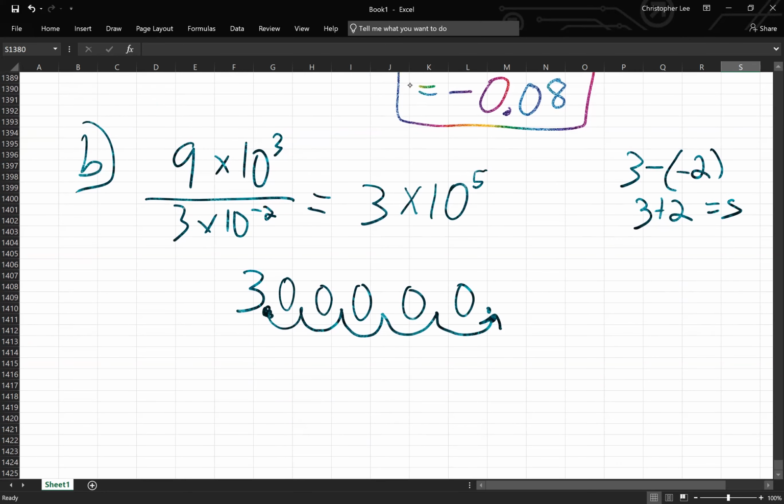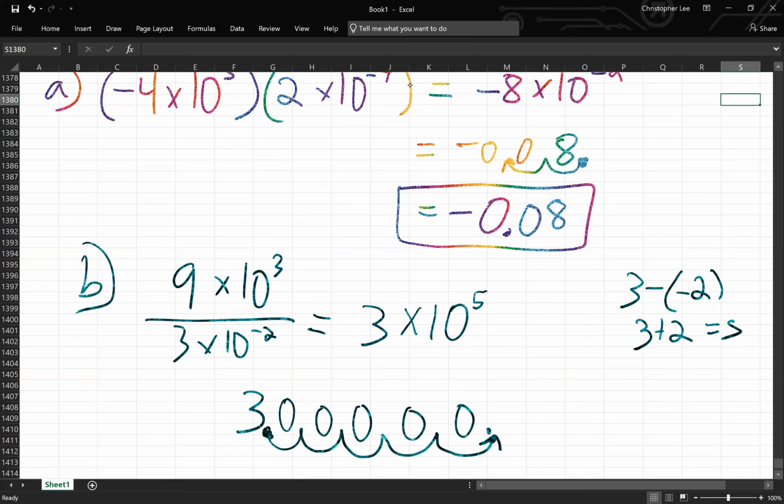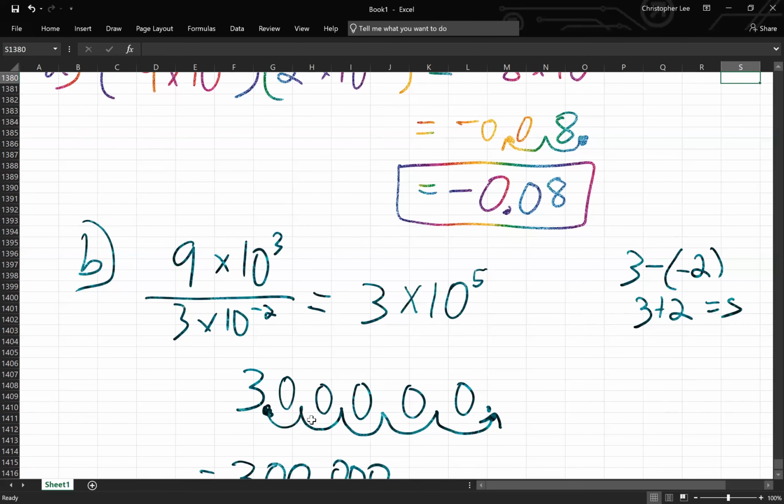So what is this? This is 300,000. Awesome, awesome, awesome. This makes sense, how to multiply and divide them? Let me let y'all try one.